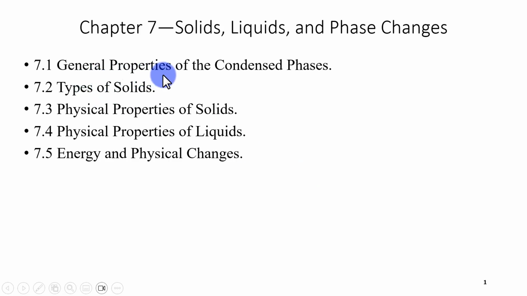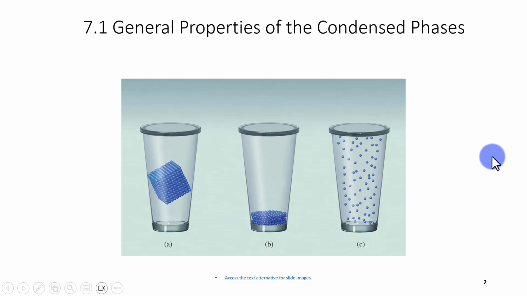Let's start with general properties of the condensed phases, and the condensed phases refer to solids and liquids. We know that matter exists in 3 phases, and we've already talked about this. We have solids, liquids, and gases.